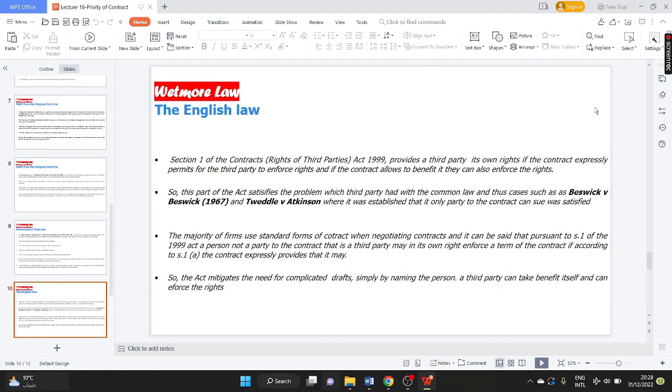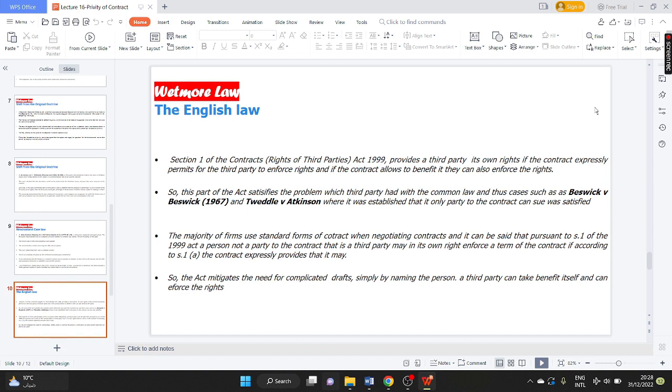The English law. Section 1 of the Contracts (Rights of Third Parties) Act 1999 provides a third party its own rights if the contract expressly permits the third party to enforce rights, and if the contract purports to confer a benefit on it, they can also enforce the rights.